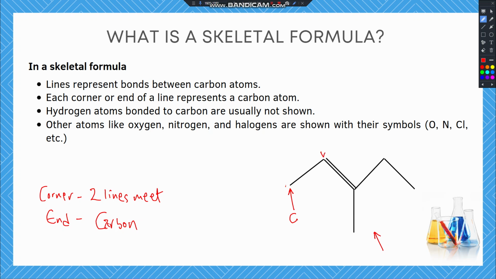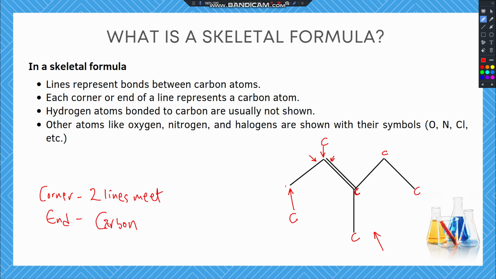At this point you have a corner because two lines are meeting, so you have a carbon atom there as well. At this point you have a carbon atom as well. At this point it is an end, you have a carbon atom there. At this point there is a carbon atom, and at this point there is a carbon atom.